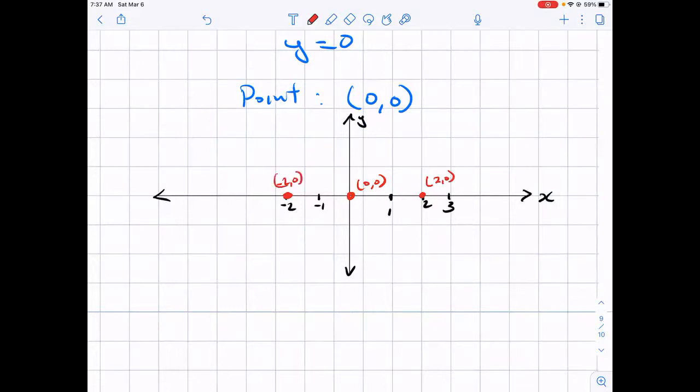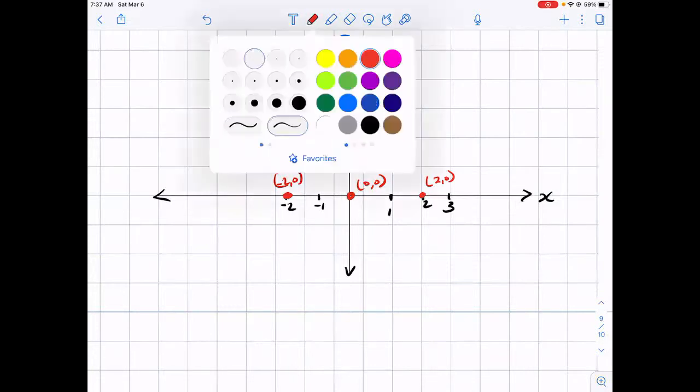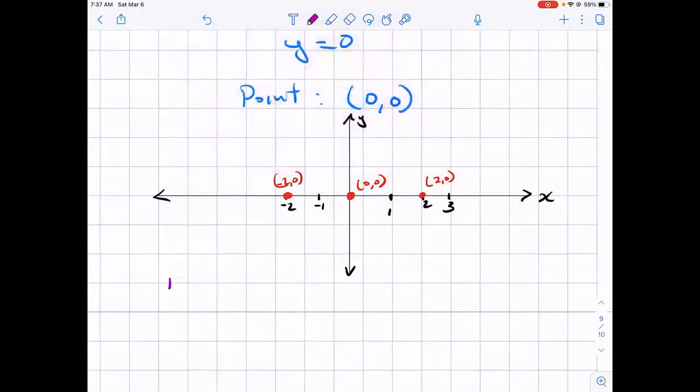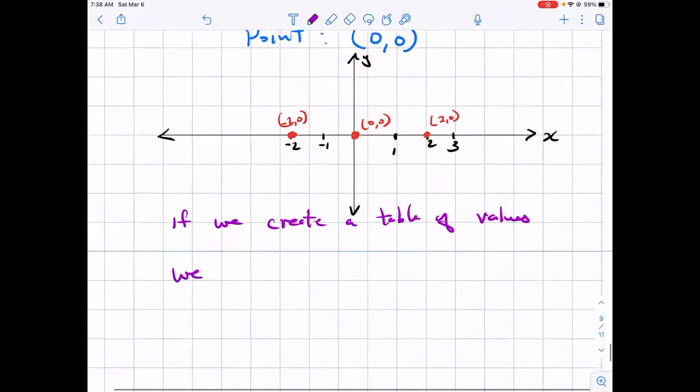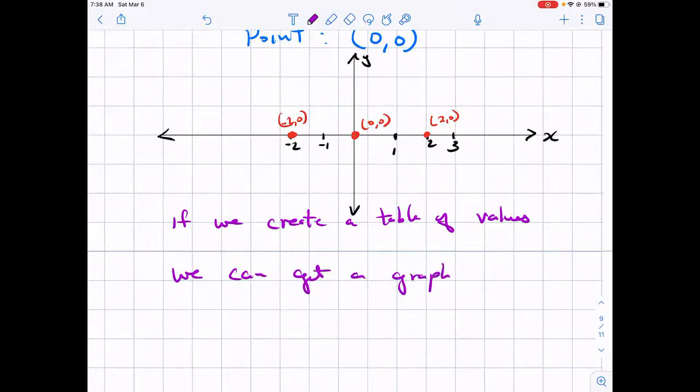Now, if you made a table of values, if we continue, if we create a table of values, we can get a graph.